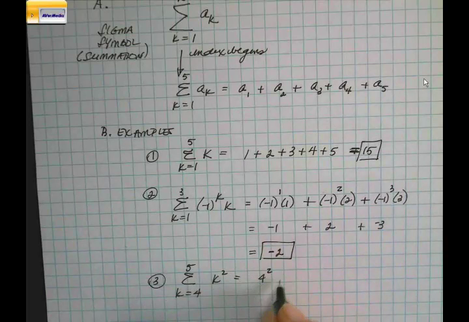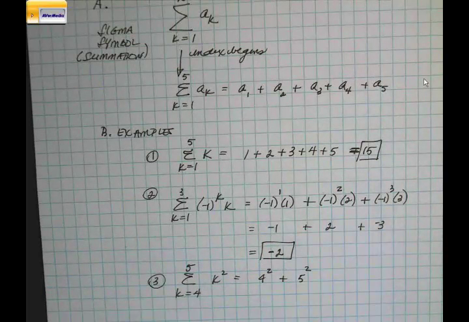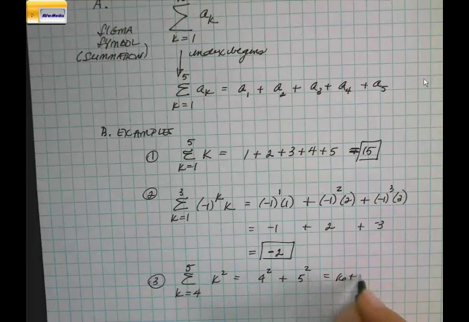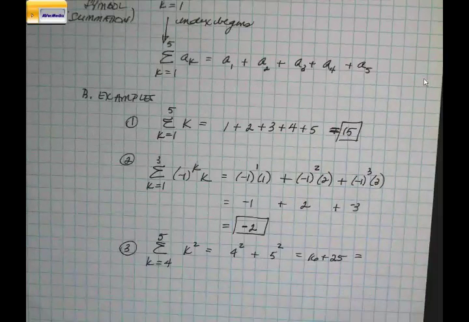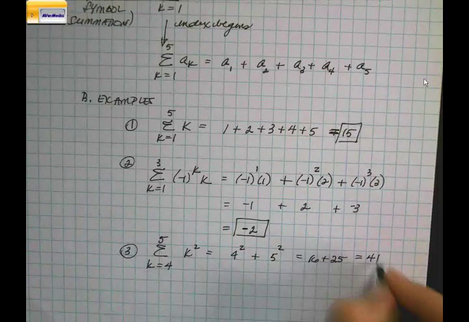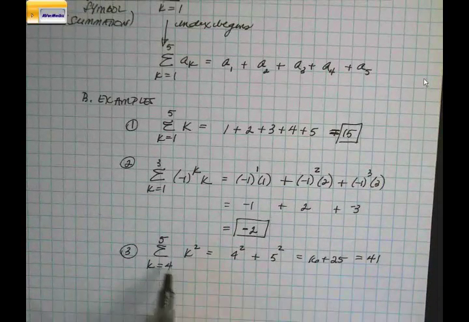So you put a k value of 4 in, and then you put a k value of 5 in. That's all there is to it. There's just two terms here because your initial index was a value of 4. So you put a k of 4, a k of 5, which is 16 plus 25, which is 41. You start at 4, right? Right, because it starts you at 4, follow through from 4.